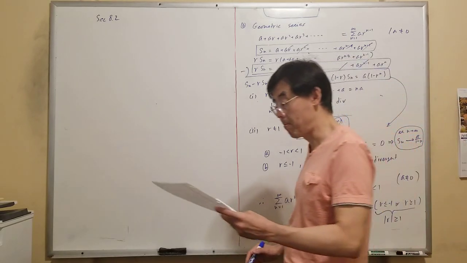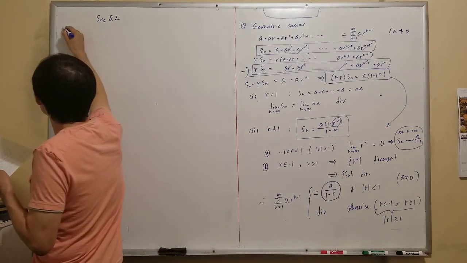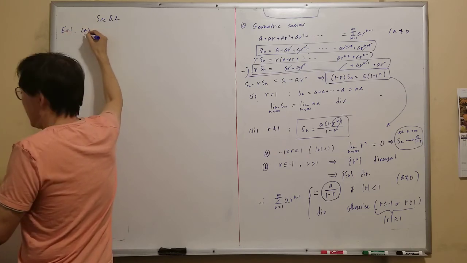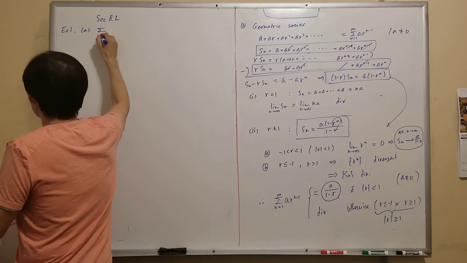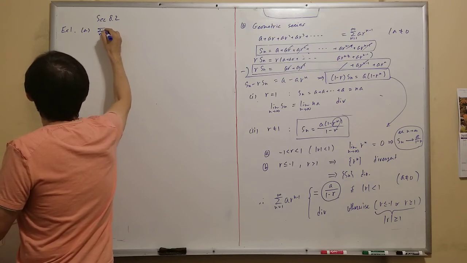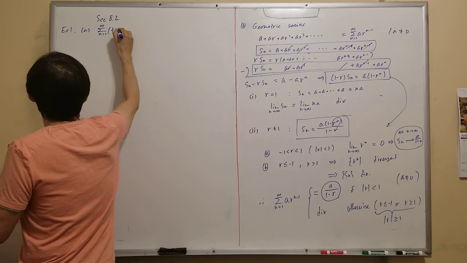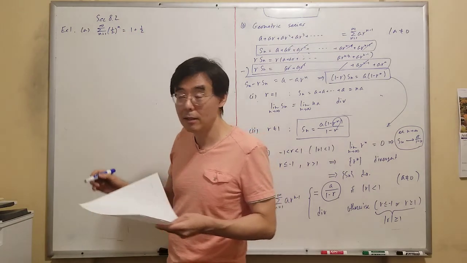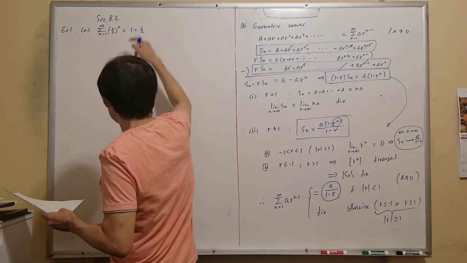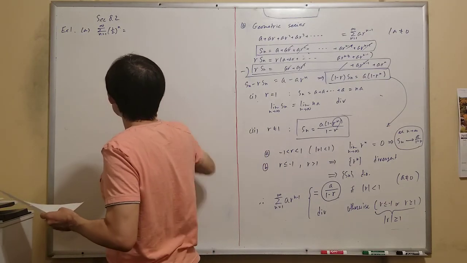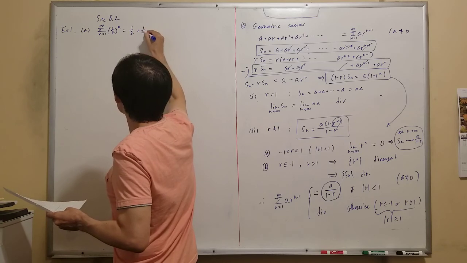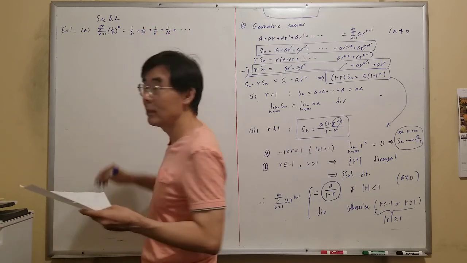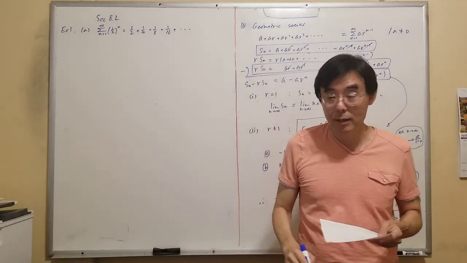Okay? So for example 1, the sum from n equals 1 to infinity. That was the second example at the beginning of this section, starting from 1 half. At the time, what did we find? We were convinced that this must converge to 1. Let's see.